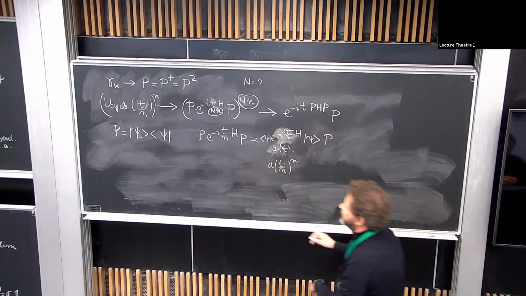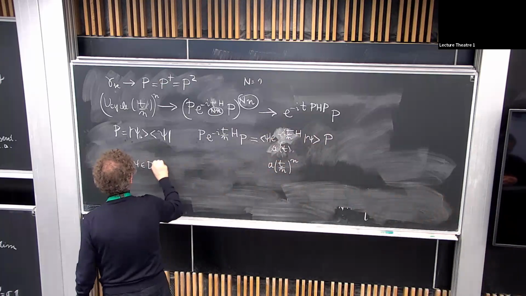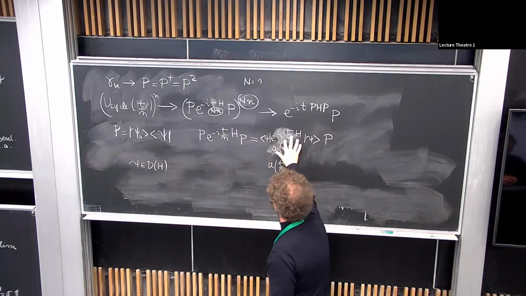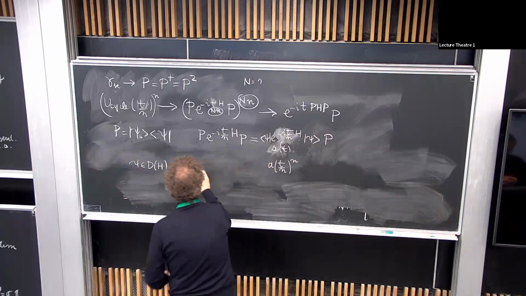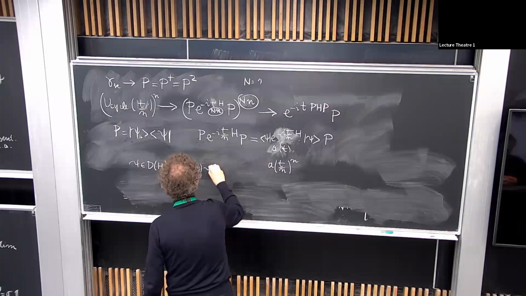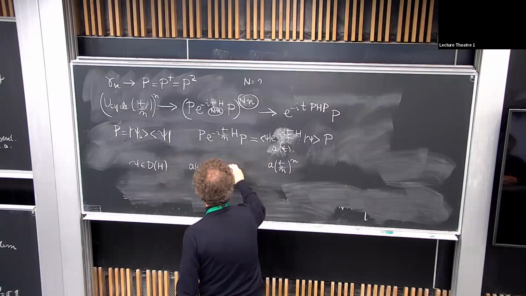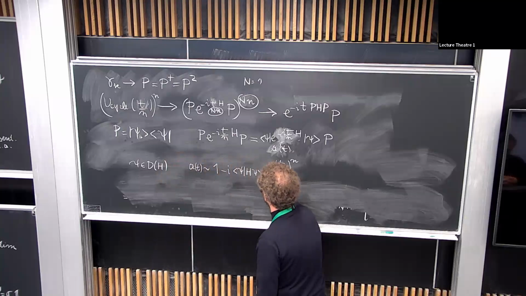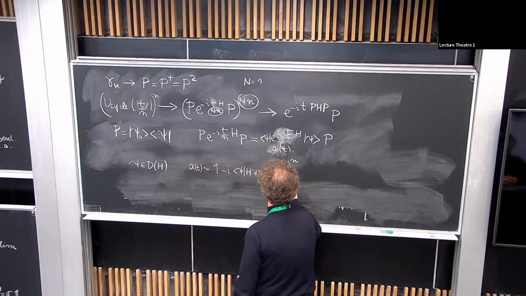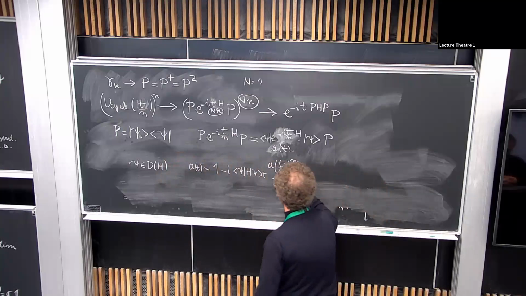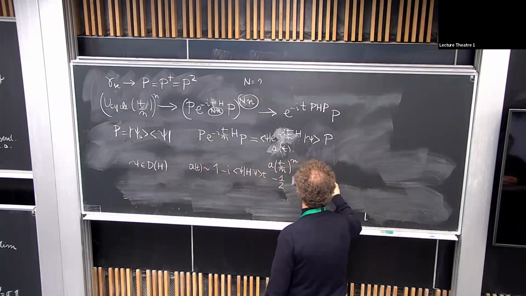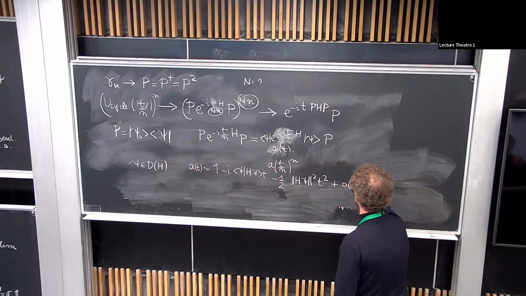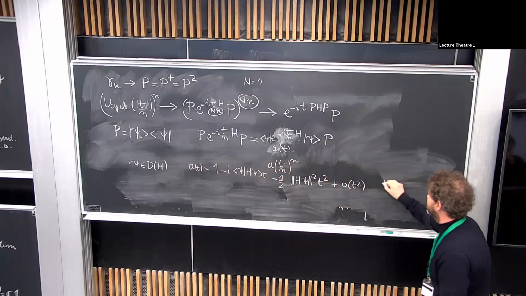And now, if psi is in the domain of the Hamiltonian, it's very easy to see that A of t goes like 1 minus i times the expectation value of H over psi, times t, minus 1/2 norm of H psi squared times t squared, plus small order, for t that goes to 0.